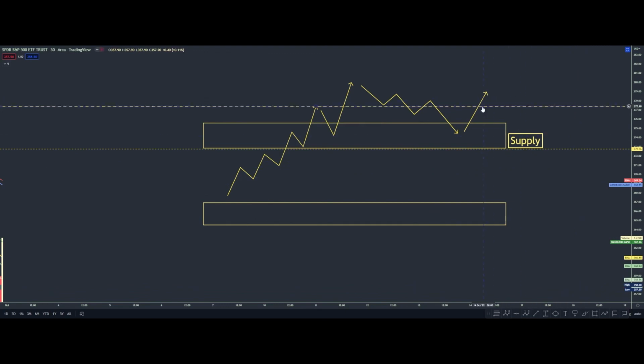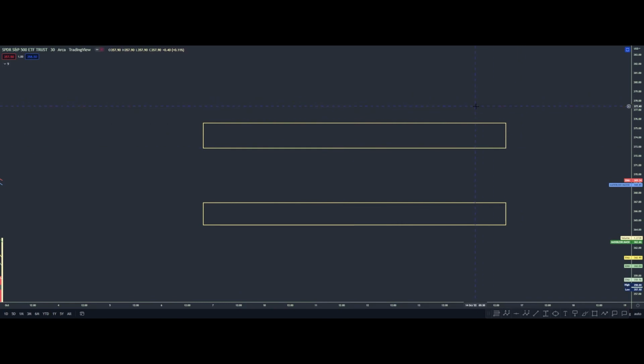Something else I want to point out quickly, guys, is there are zones that are stronger than others. So if you see an immediate reaction to a zone, that is an indication that that is a very strong zone. Or, for example, if you see a very impulsive move that creates either a supply or demand zone, that will show you that that is a very strong zone.